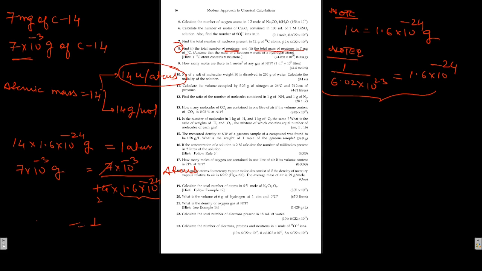So you can say 1 upon 2 into 6.02 into 10 to the power 23, and here 10 to the power minus 3 is already present. It is atoms. So what is the calculation of this? It is 0.5 into 6.02 into 10 to the power 20 atoms.